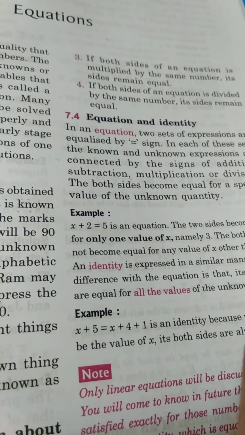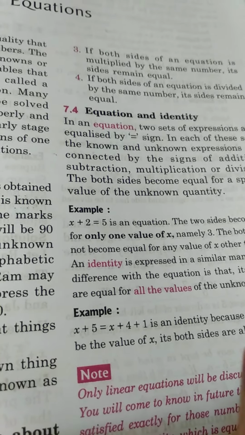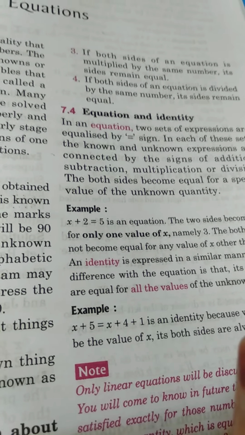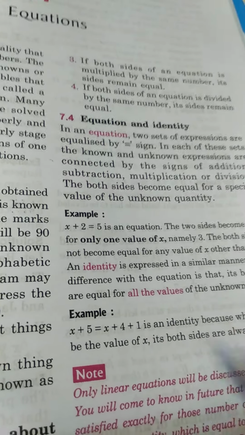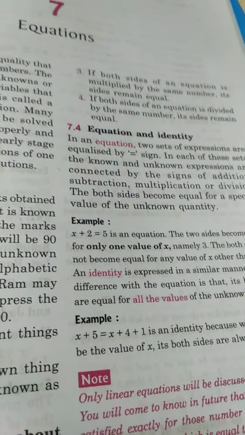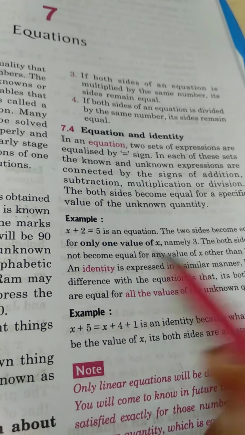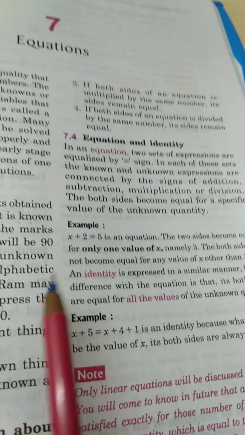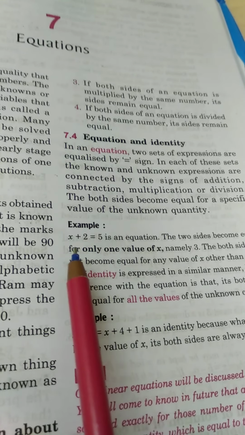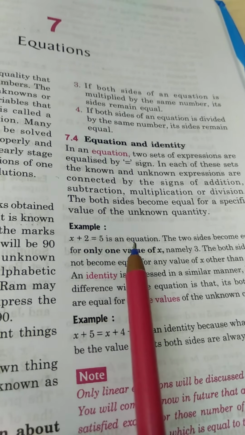In the beginning, we will start with easier sums which include only addition, some will include subtraction, and as we go to the higher level, we will get all of these included in a particular sum. Like for example, a sum is given here, x plus 2 is equal to 5.